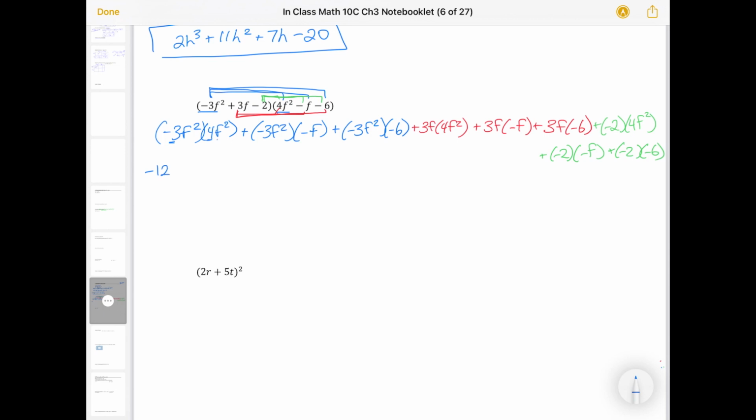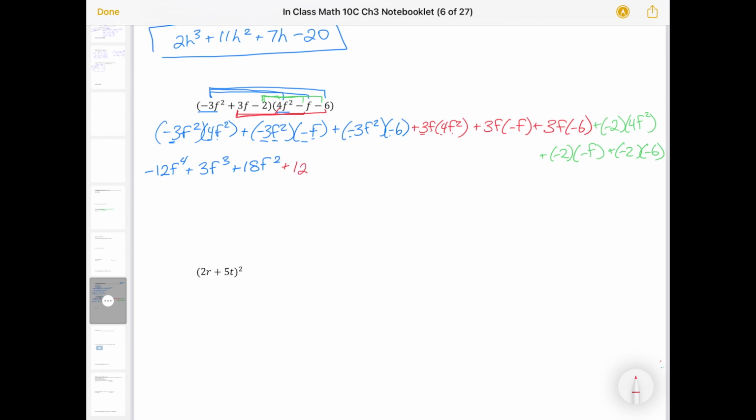F squared times f squared is f to the 2 plus 2, so f to the 4. And I've got negative 3 times negative 1, so that's going to be plus 3 f squared times f cubed. Right, a negative times a negative, positive. 3 times 6, 18. And there's no letters, so it's just f squared. And I'll keep my color coordinating going a little bit longer. 3 times 4 is 12.